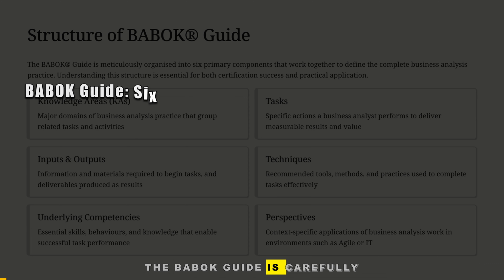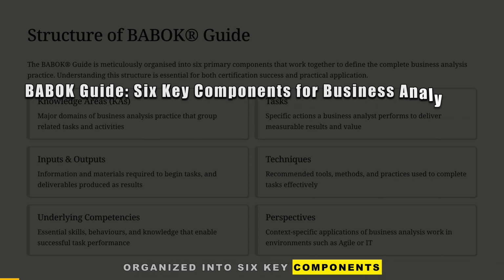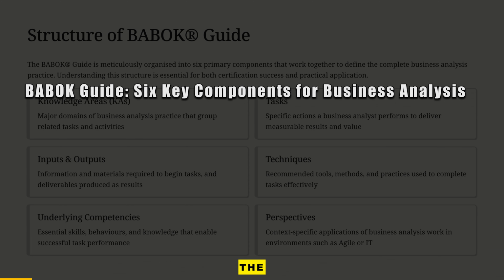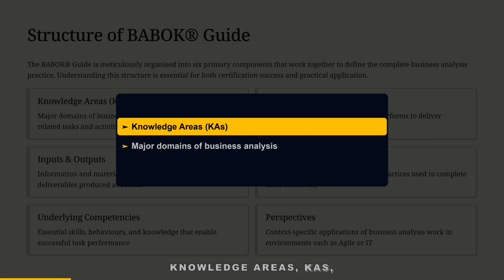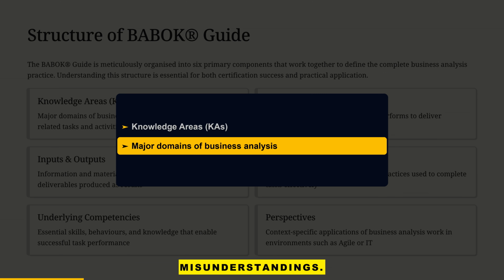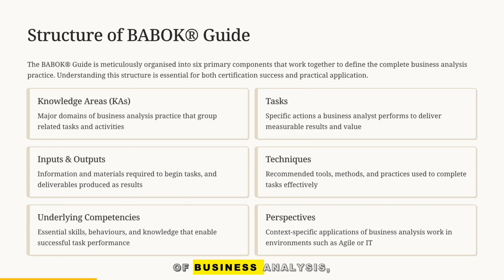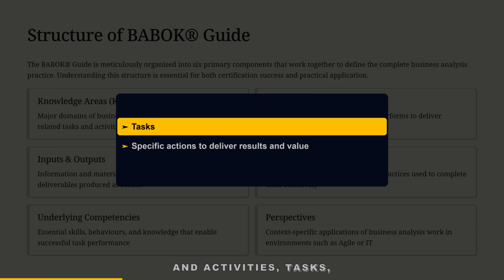The BABOK Guide is carefully organized into 6 key components that together define the complete scope of business analysis work. Let's review each one. Knowledge areas, KAs. These are the major domains of business analysis, groups of related tasks and activities.